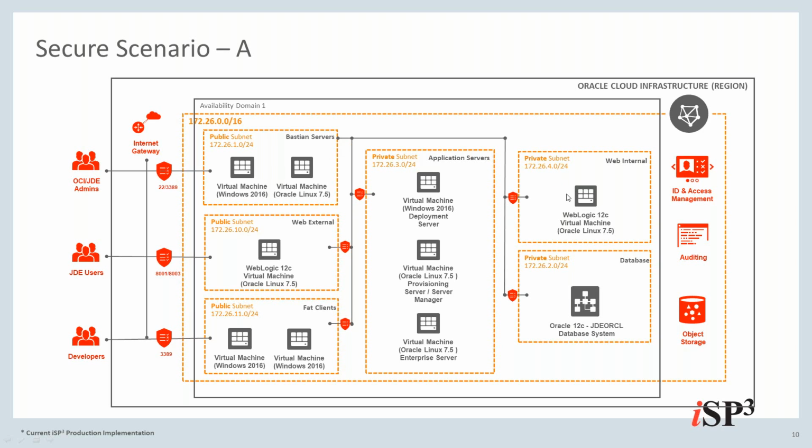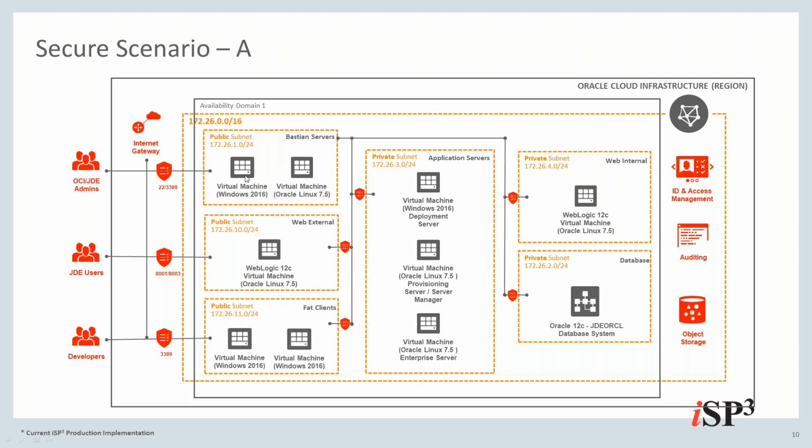All these servers are Linux, of course, other than the deployment server and the fat clients. One of the specialties about this Bastion server is that anytime you want to do a maintenance task, the first thing I would do as an admin is sign in.